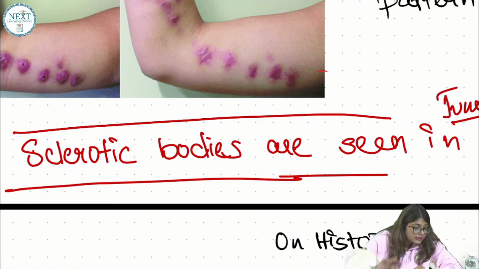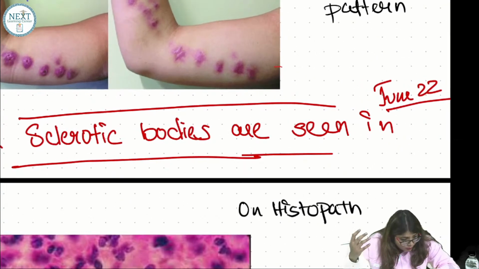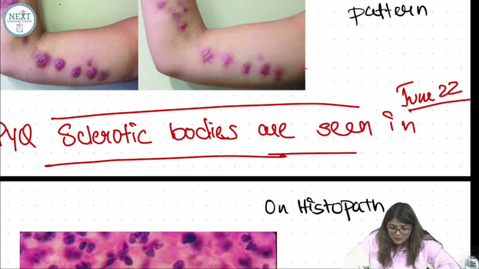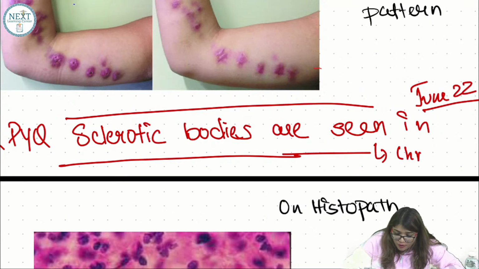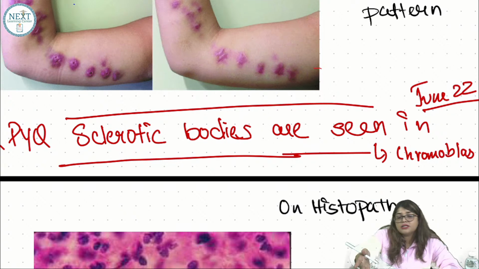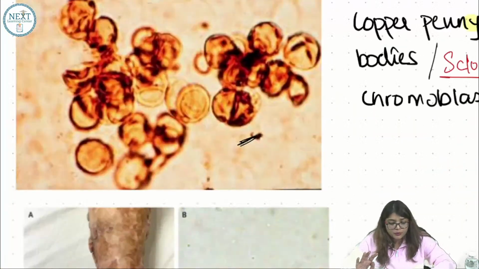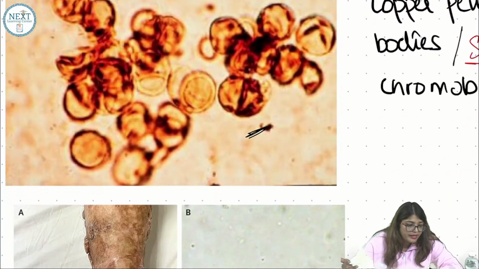Sclerotic bodies are seen in chromoblastomycosis. Copper penny body, muriform body, medullary bodies or sclerotic bodies, all are the same. They are these bodies only, they just have different names.